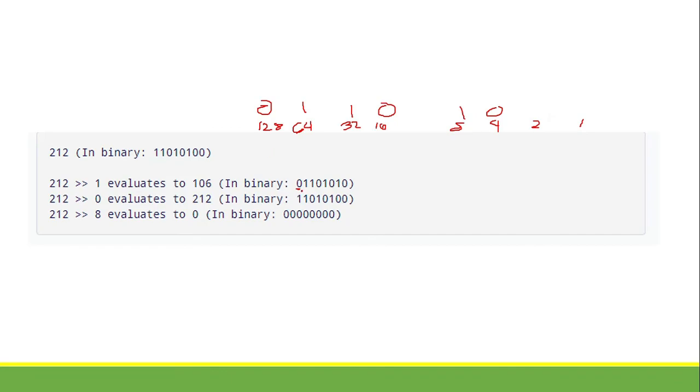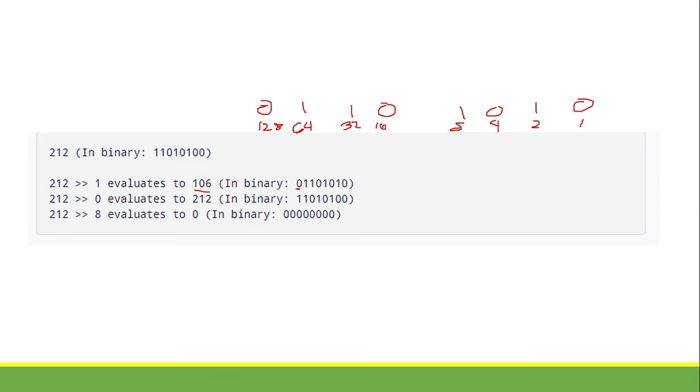Okay, so let me check it first. 0, 1, 1, 0, 1, 0, 1, 0. So what will be the value? 64 plus 32 is equal to 96 plus 8 is equal to 104 plus 2 is equal to 106.